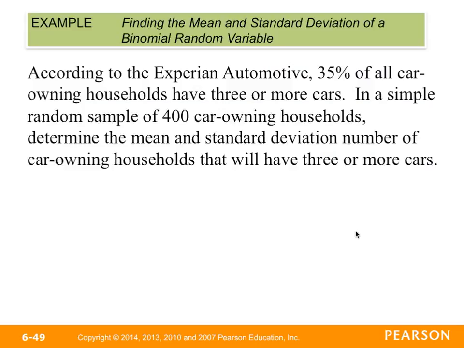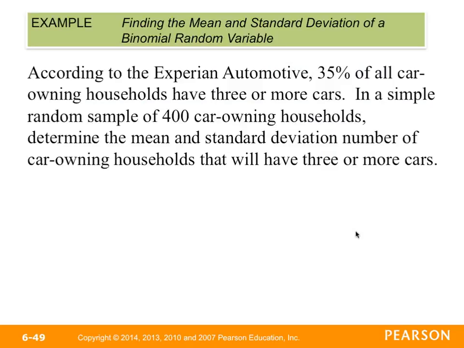So in order to find the mean, all we have to do is use that nice little formula. We have mu of x is equal to n times p. If you remember, n is the number of trials, which in our case is 400, and p is the probability of success, which in our case is 0.35. So all you have to do is multiply those two numbers, and you get 140, so that's your mean.